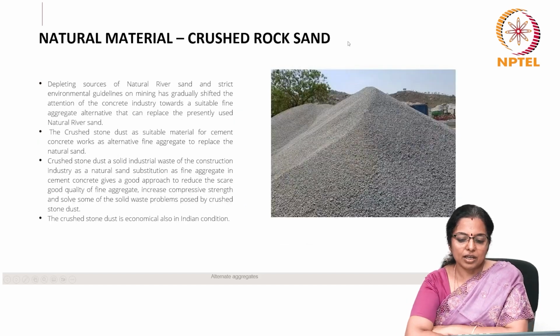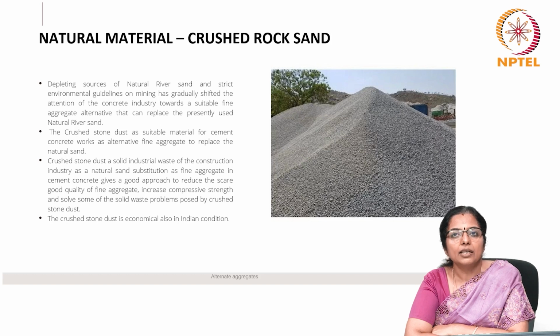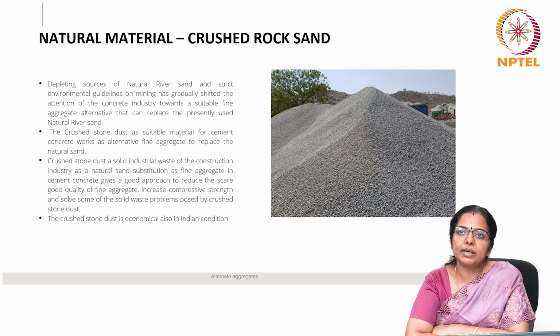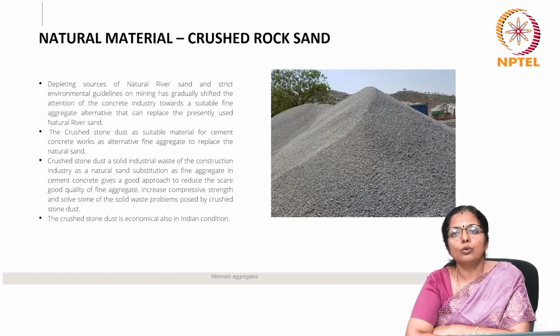Let us look at crushed rock sand. Depleting resources of natural river sand and strict environmental guidelines on mining has gradually shifted the attention of the concrete industry towards a suitable fine aggregate alternative that can replace the presently used natural river sand. The crushed stone dust as suitable material for cement concrete works as alternative fine aggregate to replace the natural sand.